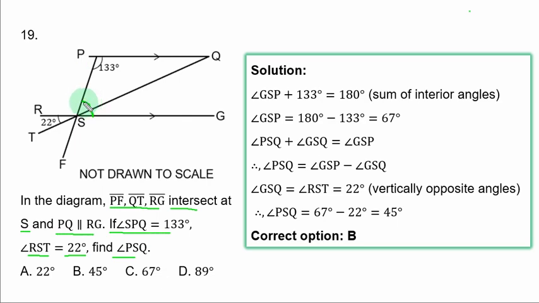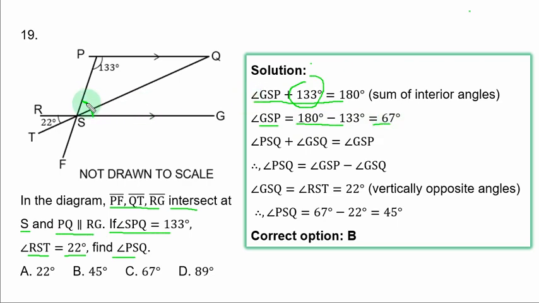Sum of interior angles. So you have GSP plus 133 equal to 180 degrees. To get GSP, you transfer this term to the right hand side and you have 180 degrees minus 133 degrees equal to 67 degrees.